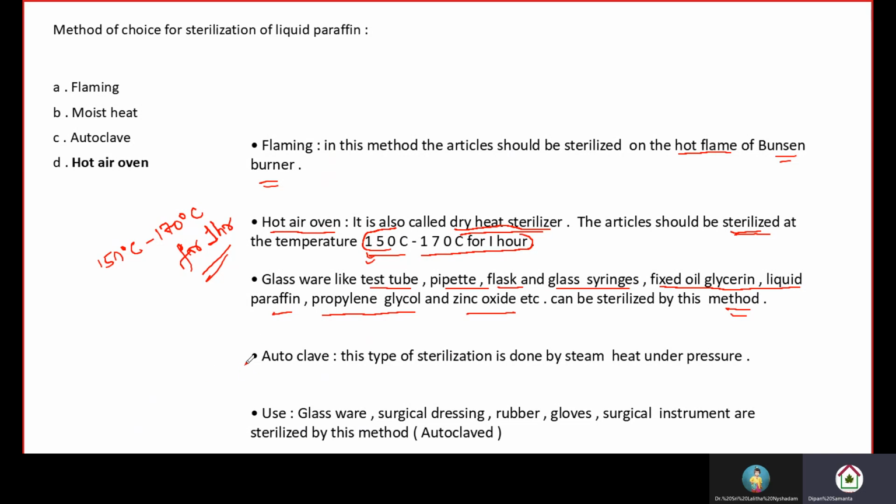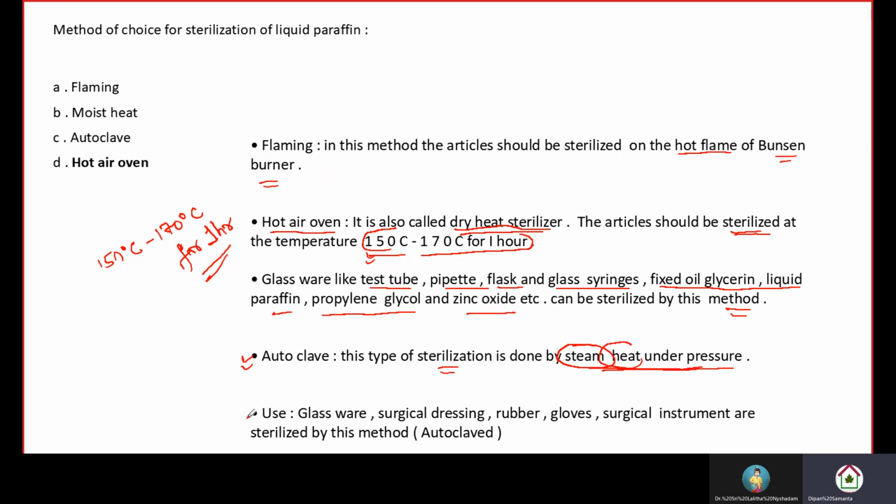Another popular method is the autoclave machine. In this type of sterilization, it is done by steam heat under pressure. So it is done by using steam. Very important. The steam and the heat from the steam sterilize the materials.